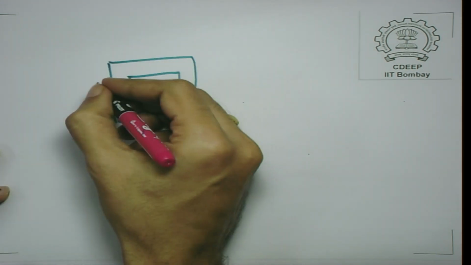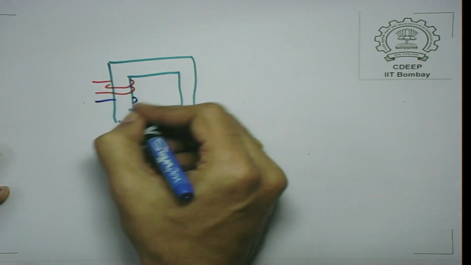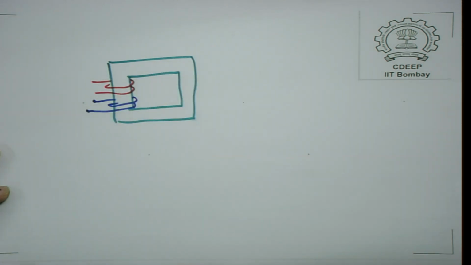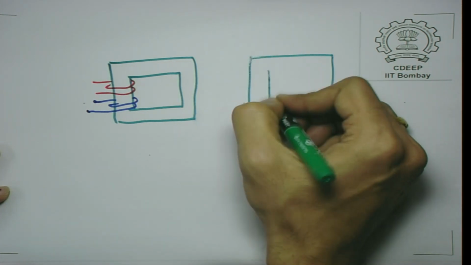On the other hand, if I draw the first coil here and the second coil here, this is the first figure. I am sorry, I will redraw this with a different sense of the windings.